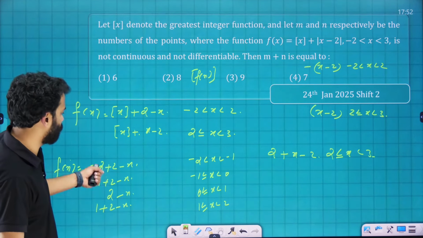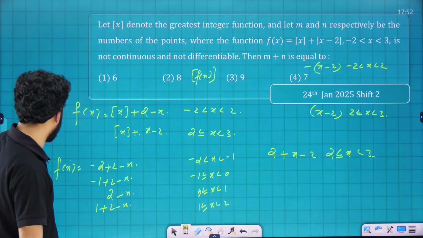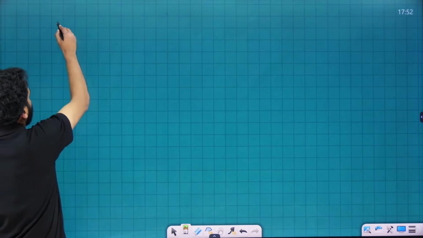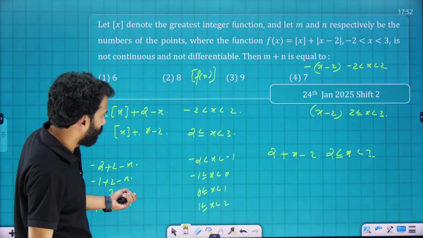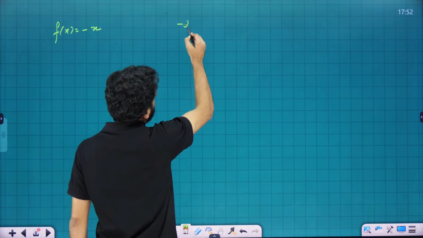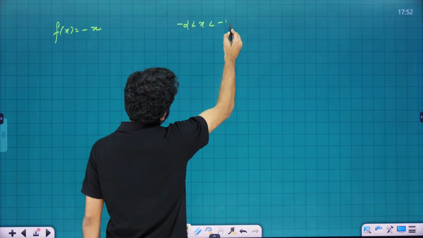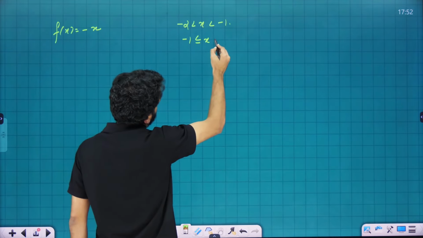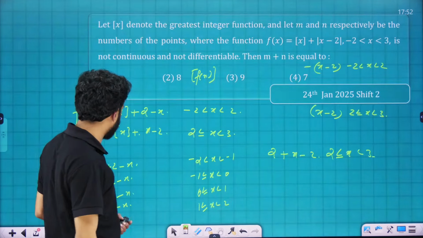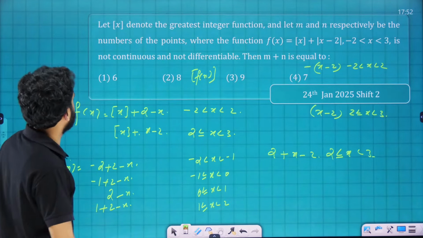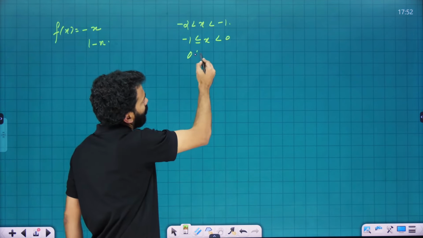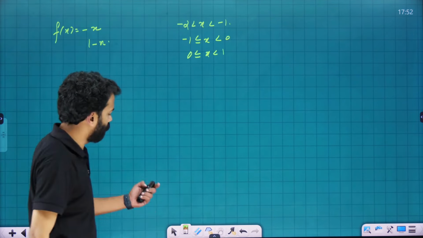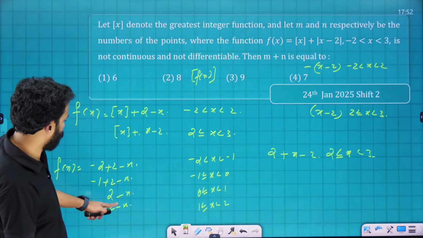Therefore, minus 2 plus 2 is what? 0. Therefore, f of x is equal to minus x for minus 2 less than x less than minus 1. Minus 1 less than or equal to x less than 0, in that case this will be 1 minus x. 0 less than or equal to x less than 1, for that case it will be 2 minus x.